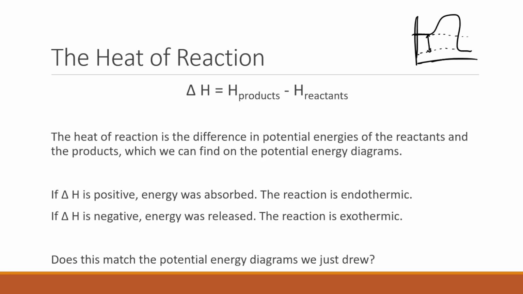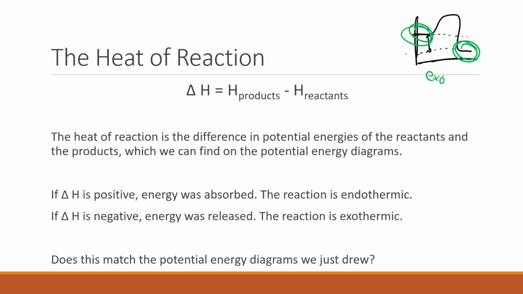And we get delta H by comparing the products, sorry, let's go back to green here. The products minus the reactants. So this starts high, ends low. That's exothermic.